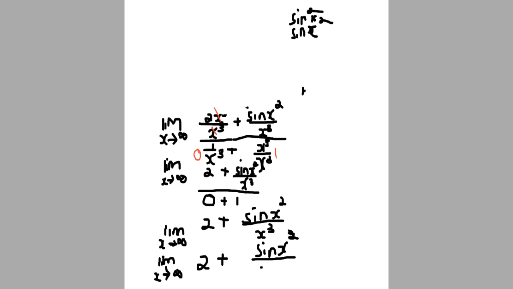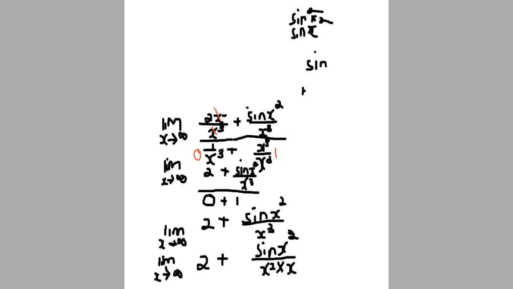We can split this x cubed into x squared multiplied by x. Why do I split it? I split it so that we can have something like this.